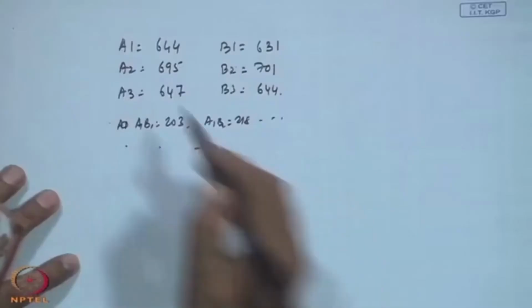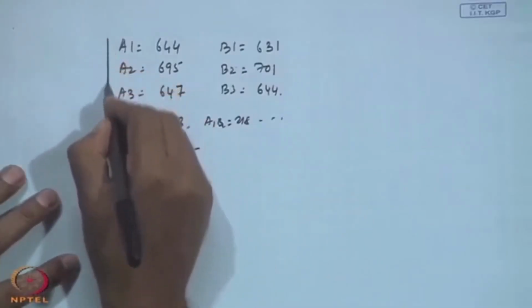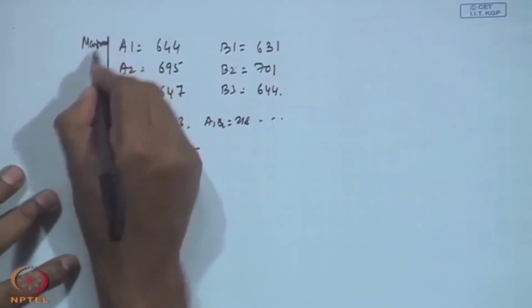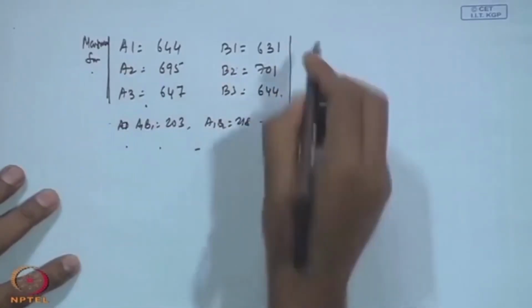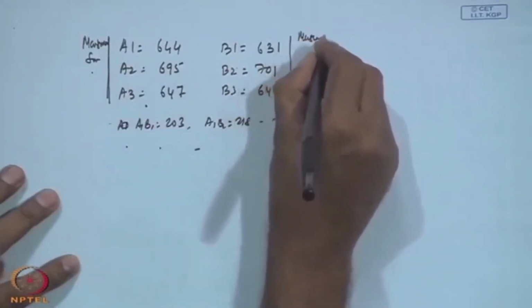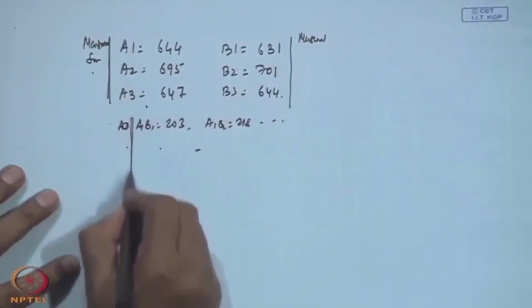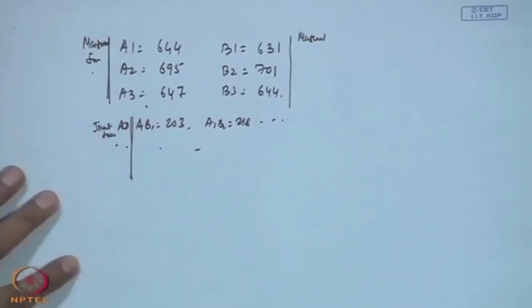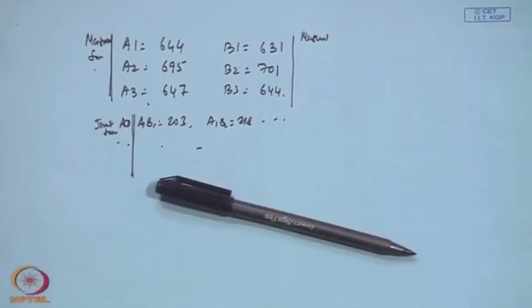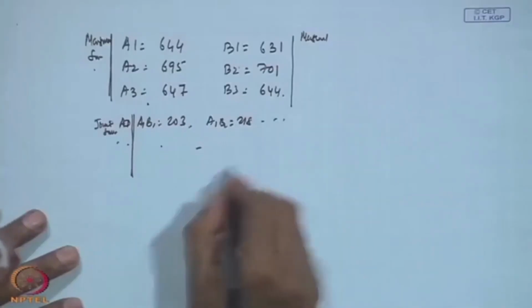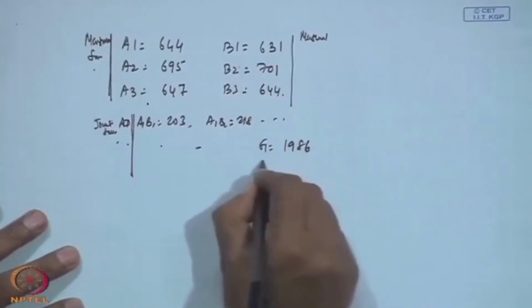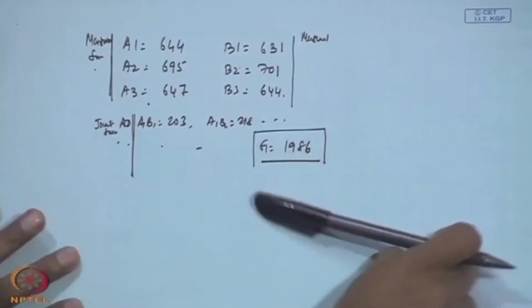So, how many sums are you getting? This one is the marginal sum across department, this one is the marginal sum across age group, and these are basically joint sums. Joint sum means each combination, what is its sum value. You also require to compute the grand total. In this case our grand total is 1986.